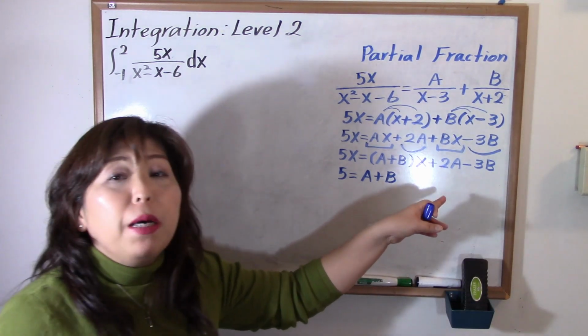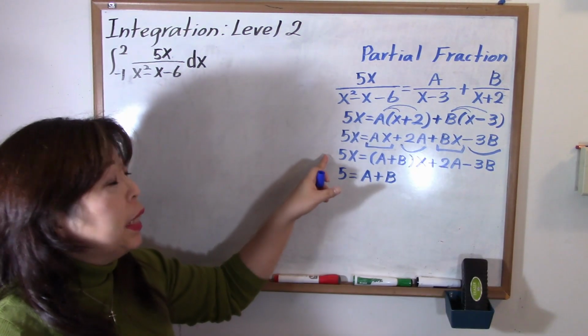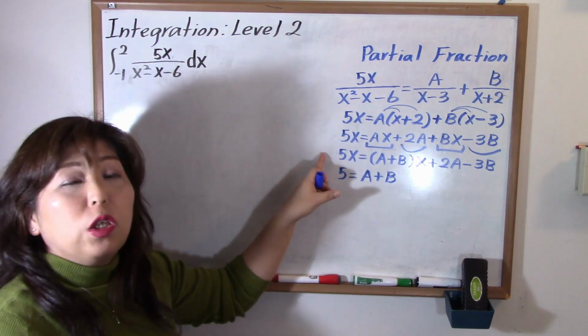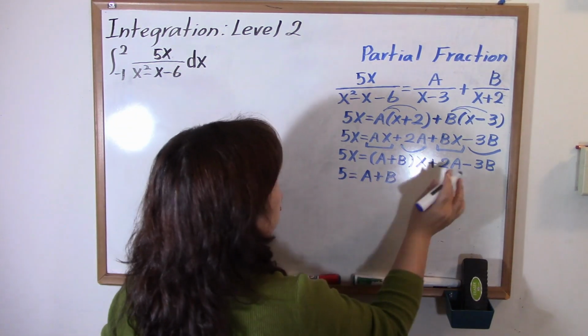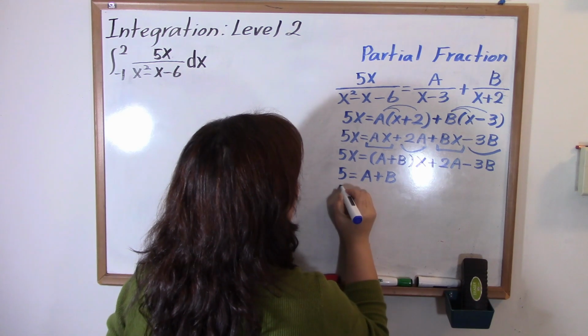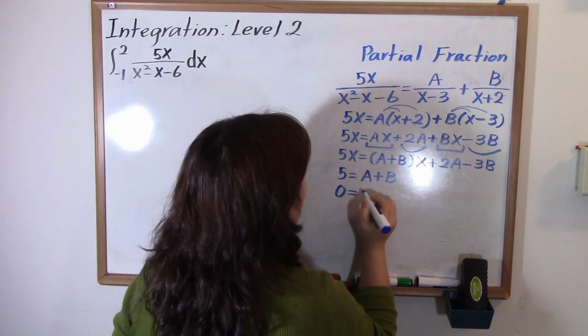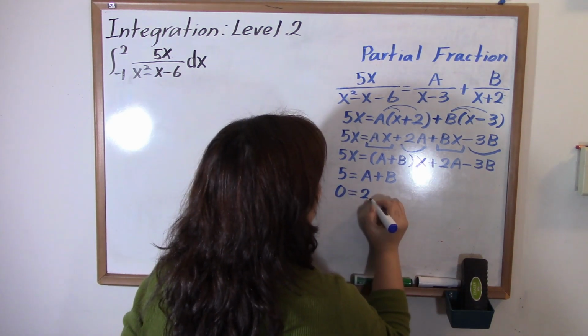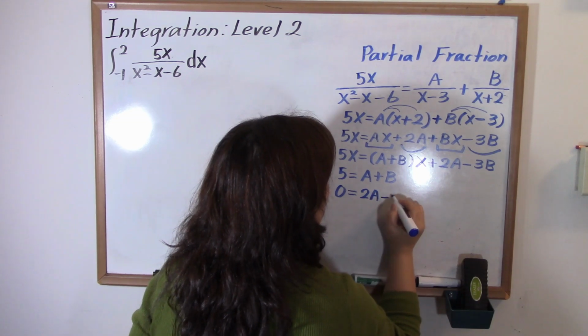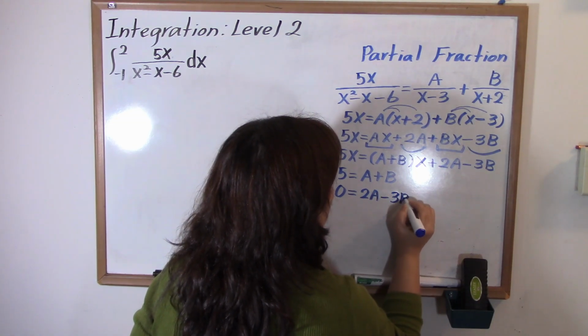How about 2A minus 3B? This doesn't have anything, so which is 0. The value of 2A minus 3B is 0, right? 0 is equal to 2A minus 3B.